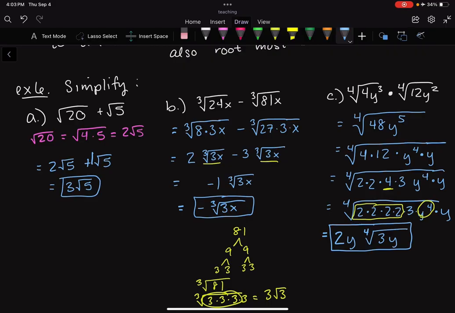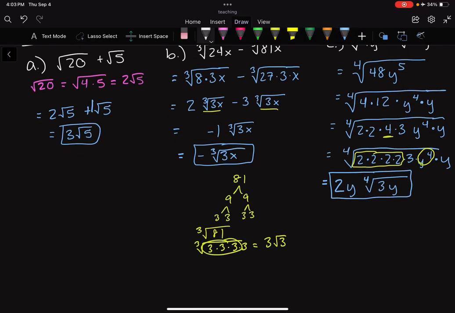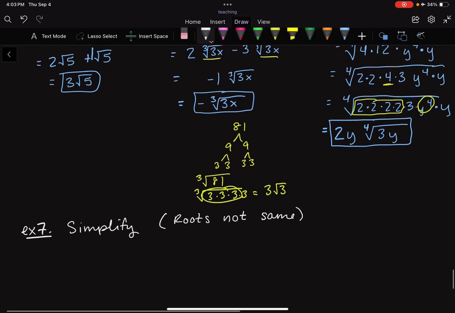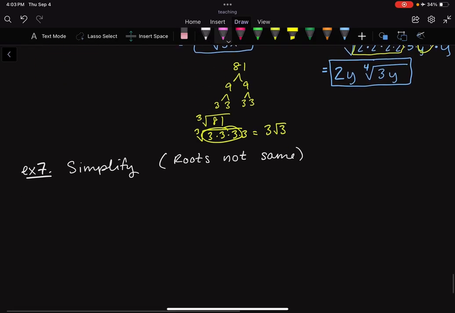Now I would like to do some where maybe the root is not the same. So let's do some like that. This will be our last example. So we're going to simplify if the roots are not the same. So let's see what we got here.